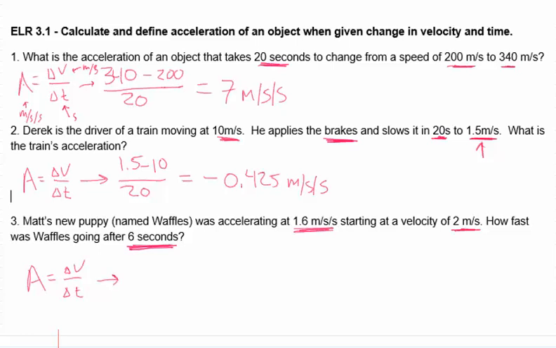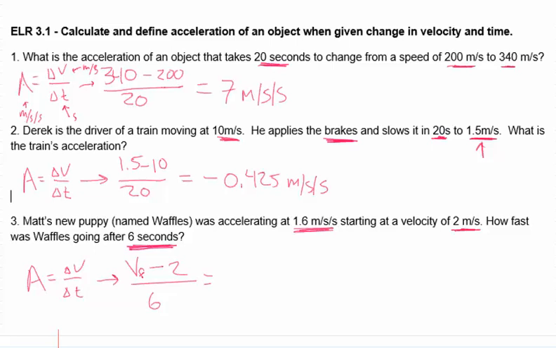So when we substitute, we don't know a final, so we're going to leave that as our variable, velocity final. We do know a starting velocity, so we're going to subtract 2, because that's how you find the change in velocity. That's what goes on the top of this equation. It may look funny at first, but it's going to allow us to solve this problem. And then we put it over our time, which told us 6 seconds.